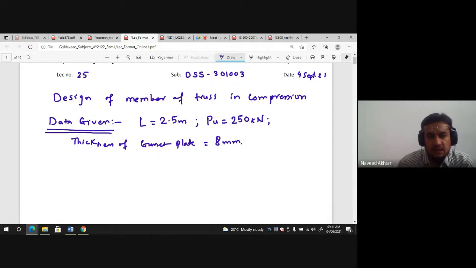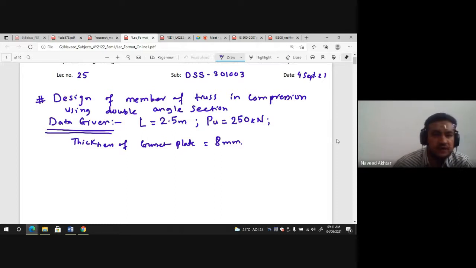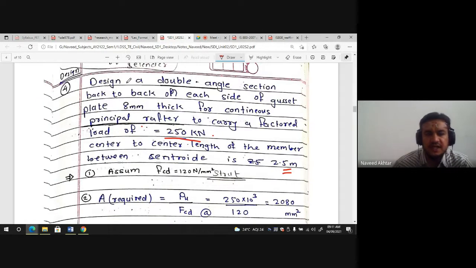So this is the problem: design of member of truss in compression using double angle section. At the start it is written: design a double angle section back to back on each side of the gusset plate.